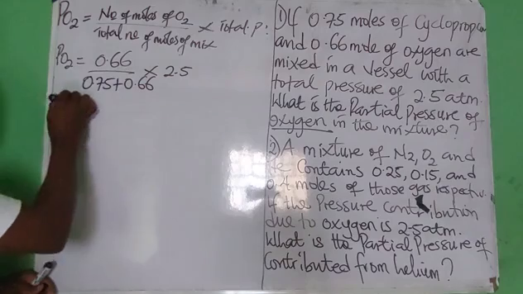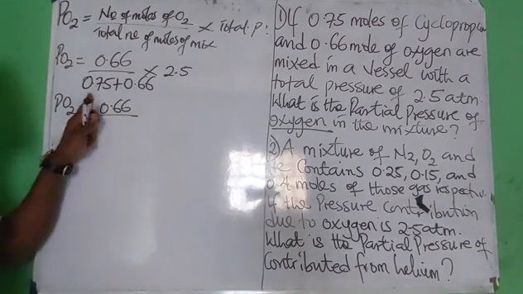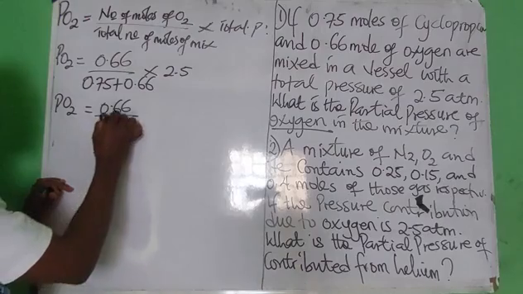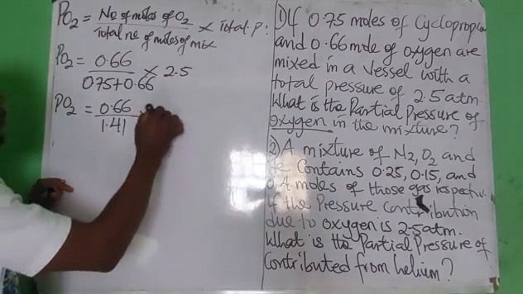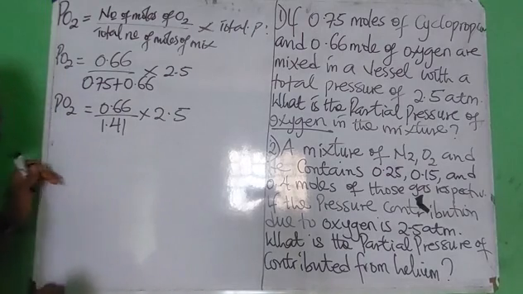So the pressure of oxygen equals 0.66 over 0.75 plus 0.66, that is 1.41, times 2.5.